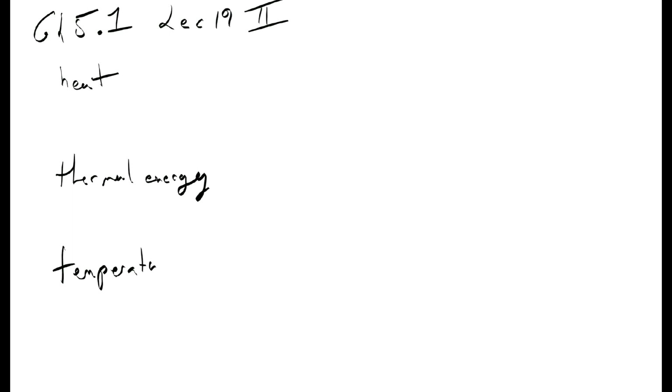Now I want to talk about the differences between heat, thermal energy, and temperature. Thermal energy is the one we discussed last time. Thermal energy is the energy of random motion of particles.